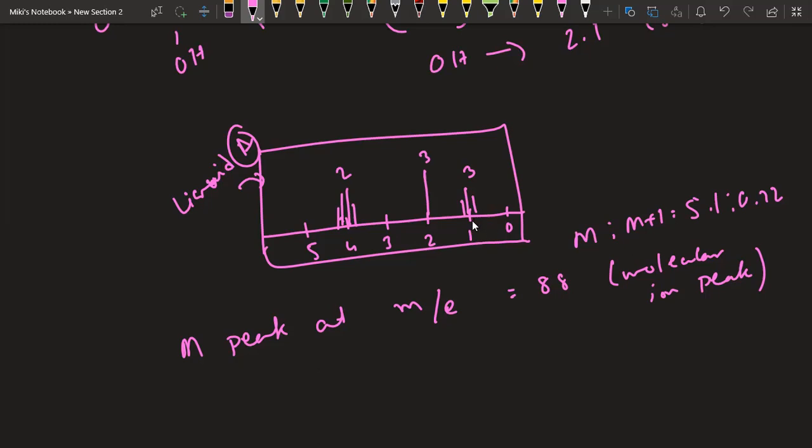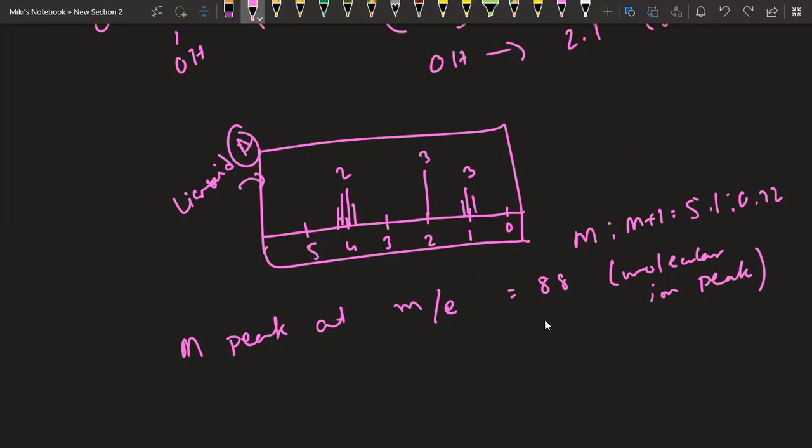Remember, this position represents the specific carbon we are dealing with, and this number of peaks represents its adjacent carbon having that number of hydrogens. So 2 things are involved here. One is me, my position is this one, and the peak number represents my environment, my neighbor, having, let's say, how many family members or how many children. So that sort of thing.